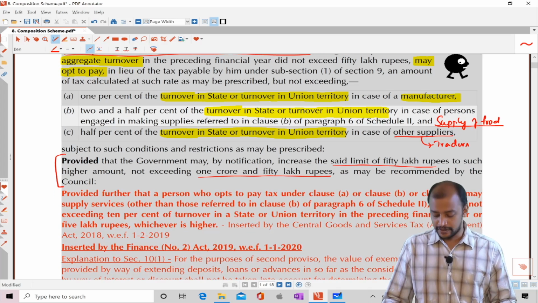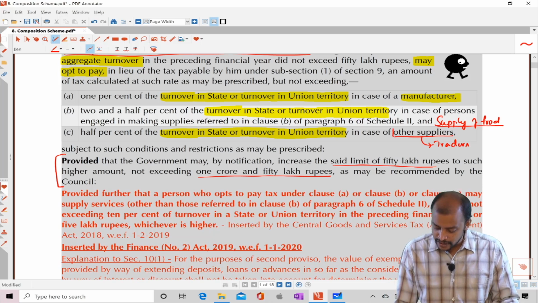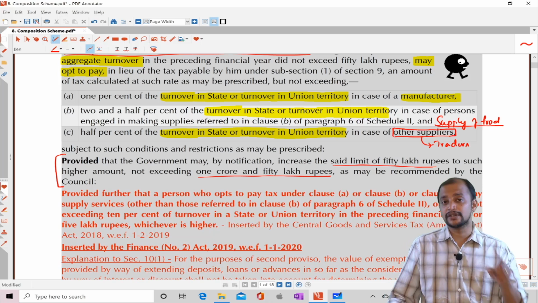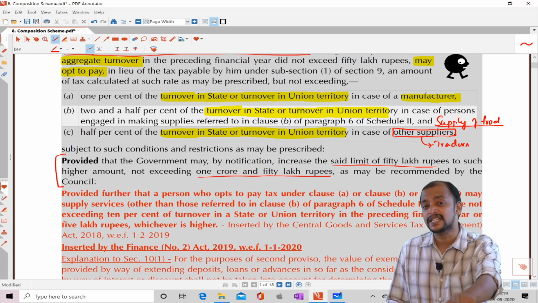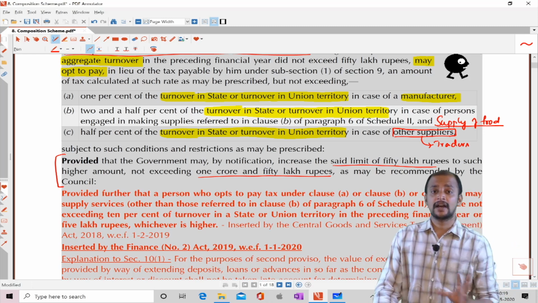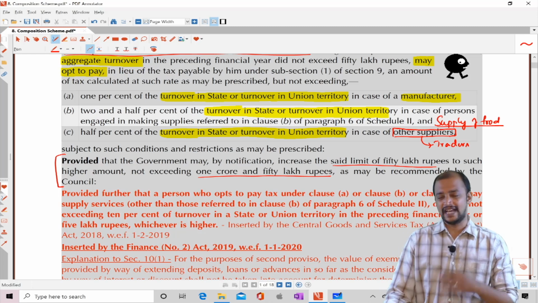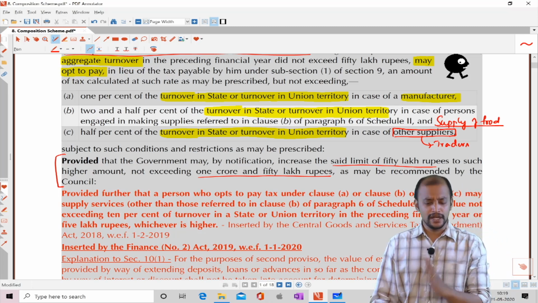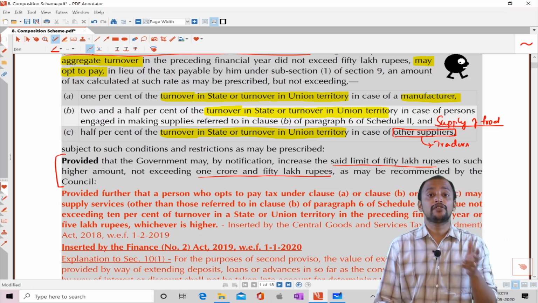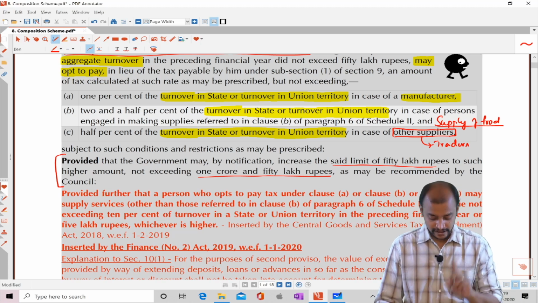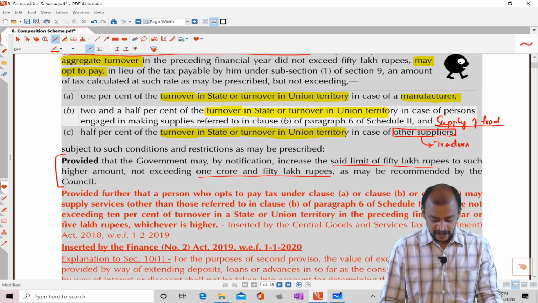And now you will get a doubt. Sir, when you refer to these other suppliers, why can't other service providers come? See, other suppliers means, why should we take it as traders, we can also take it as other service providers. Now, I will come to that.